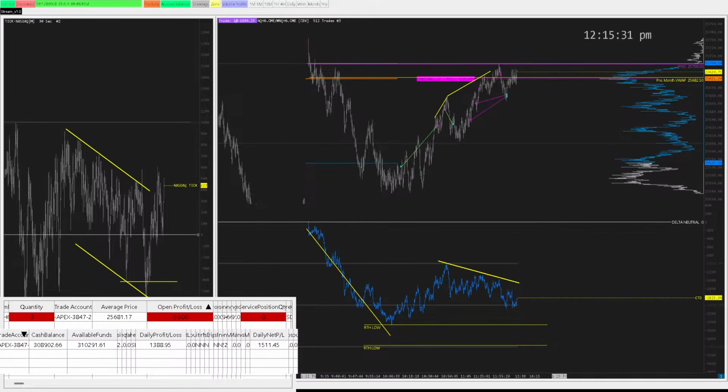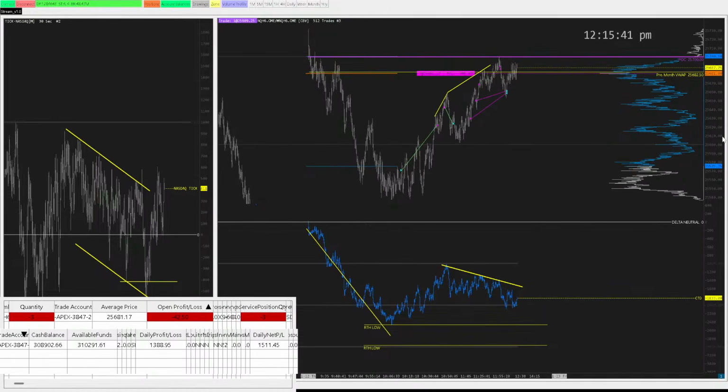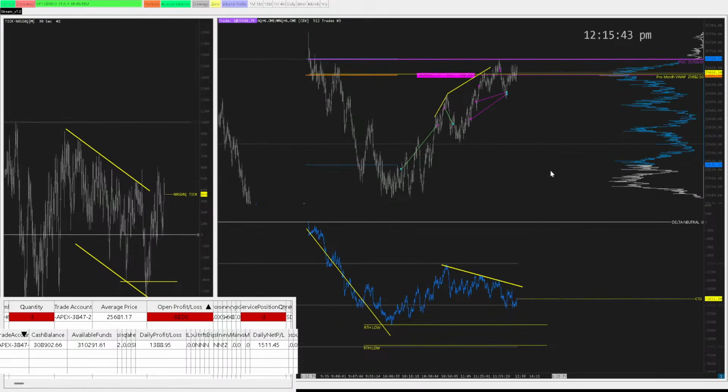So you're saying that what I'm saying doesn't work like that? What do you mean? If it pops through here, then we'll just get out.